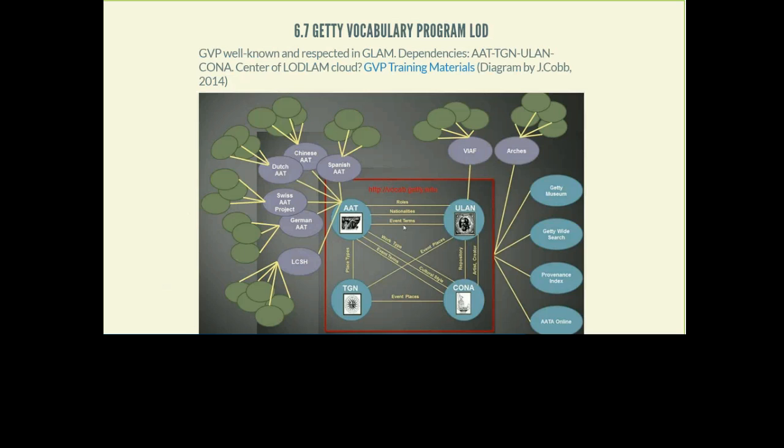Okay, next up is an important series of projects that we did with the Getty Trust on the Getty Vocabulary Program, and I think this series of slides will be the last for me.